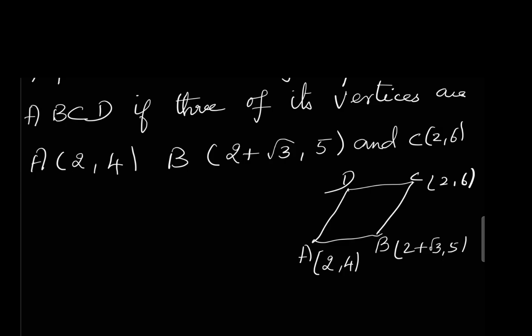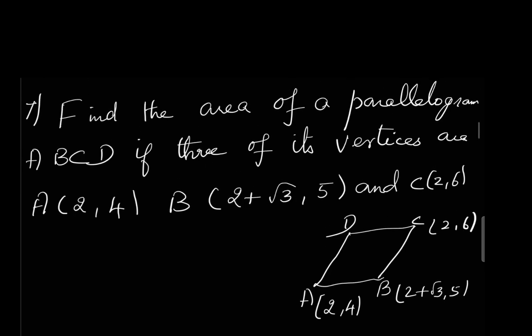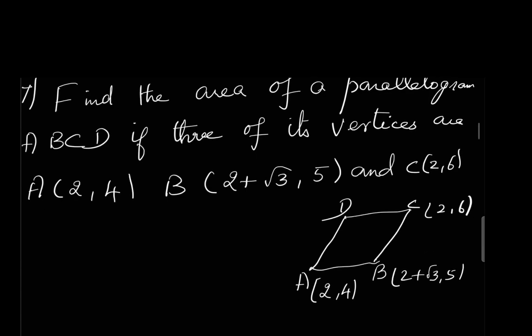Find the area of the parallelogram. To find the area of a quadrilateral we need 4 vertices, but only 3 vertices are given. When the quadrilateral is a parallelogram, opposite sides are parallel and equal.